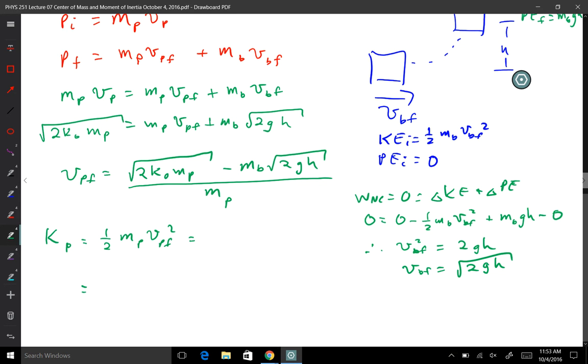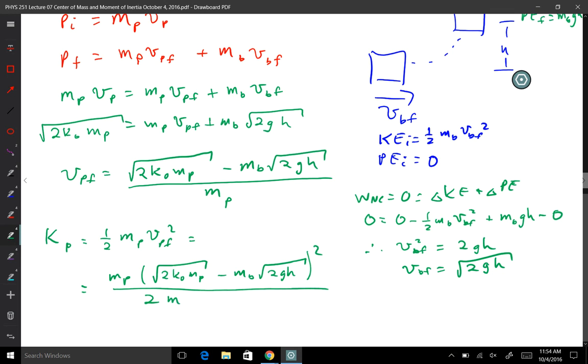So I have to square that thing that I have above. This MP squared on the bottom is from the squaring of the velocity, and the 2 is from the 1/2.